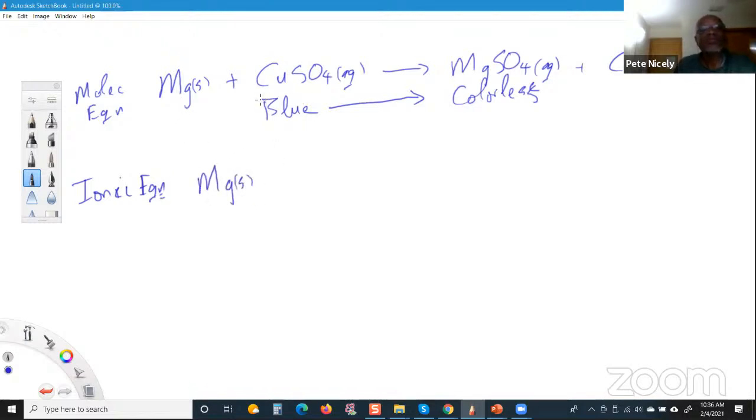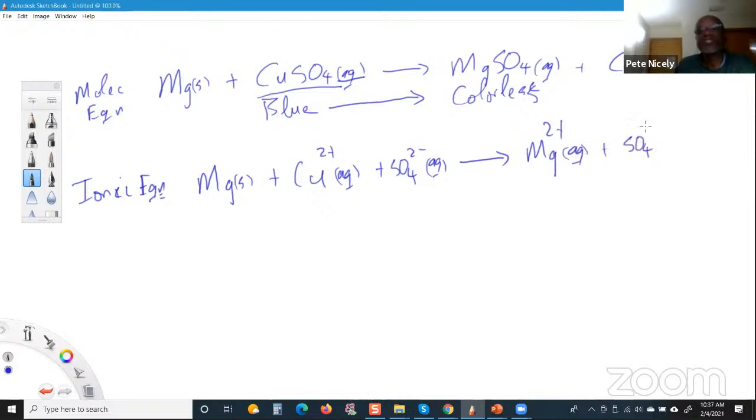But the copper(II) sulfate is an ionic compound in an aqueous solution, so it will form ions, Cu2+ aqueous plus SO4 2- aqueous. On the product side, you're going to have Mg2+ aqueous plus SO4 2- aqueous. And then the copper will remain intact, Cu solid. So this would be the ionic equation.